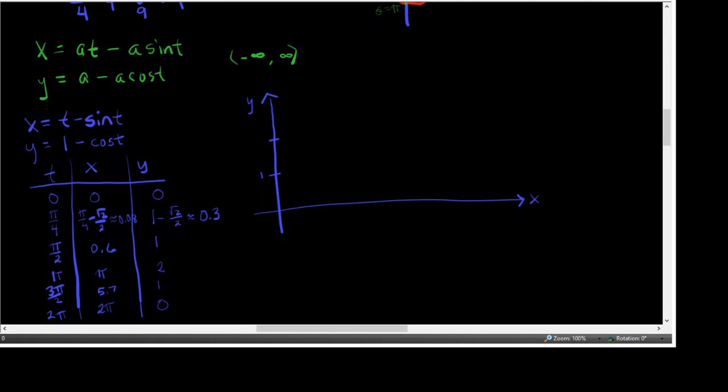And of course, see, did they ask us to graph for negative infinity to positive infinity? No, just from 0 to 2 pi. Okay, so I probably should have written that down. So we're going to go from 0 to 2 pi and stop. Wait, did they include 2 pi? Yes, they did.